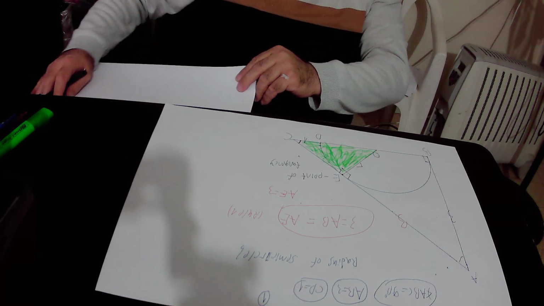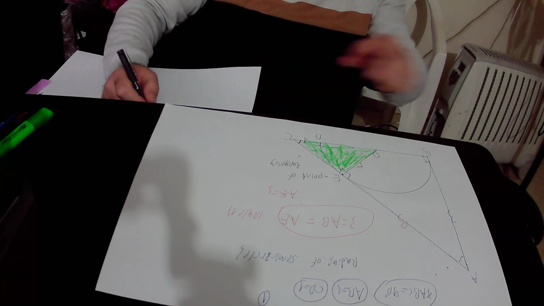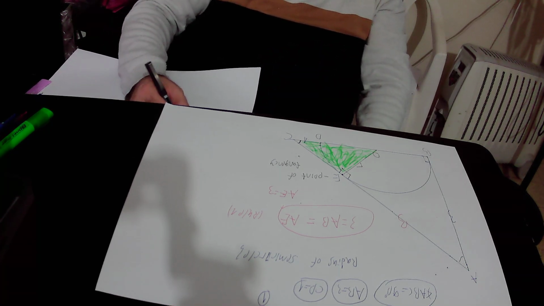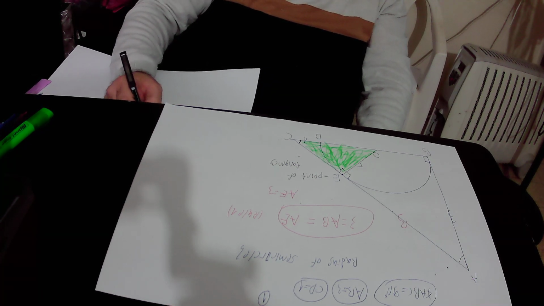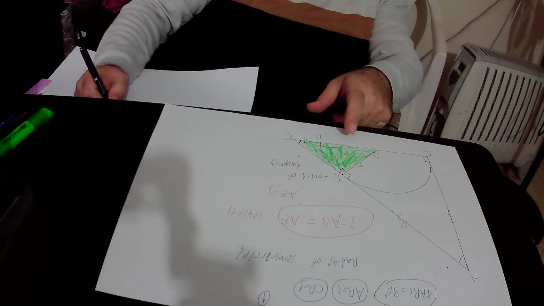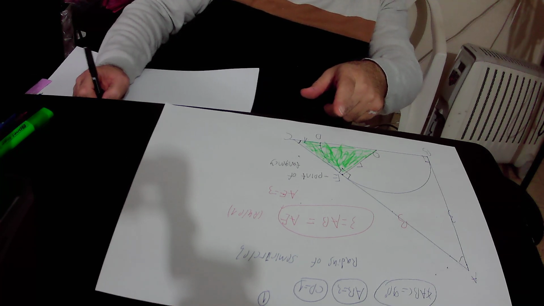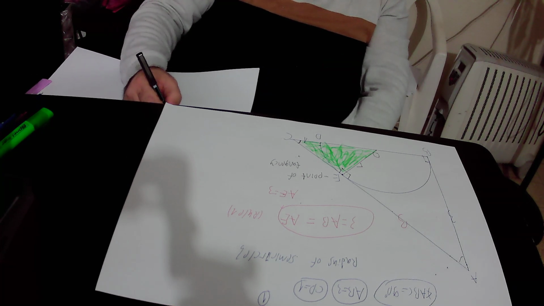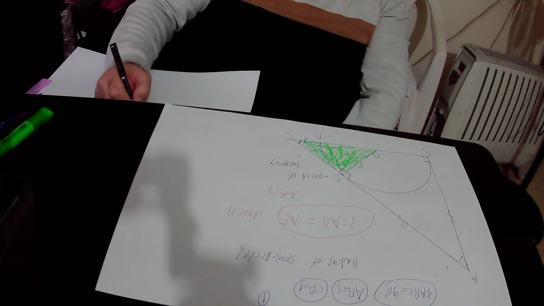Therefore, we actually proved that triangle ABC is similar to triangle EOC according to the angle similarity rule.